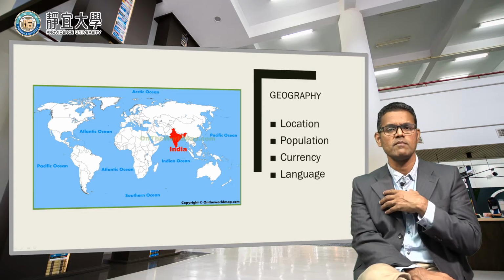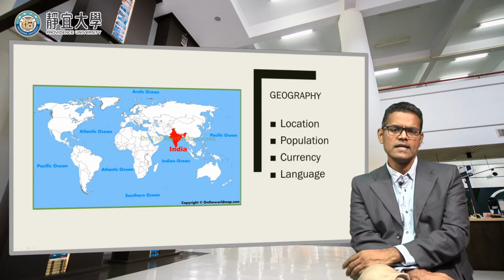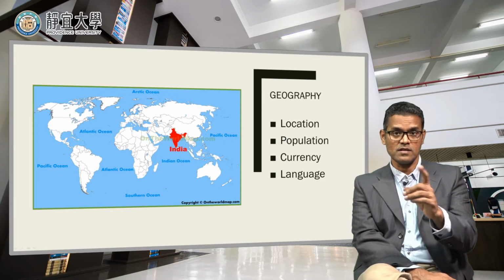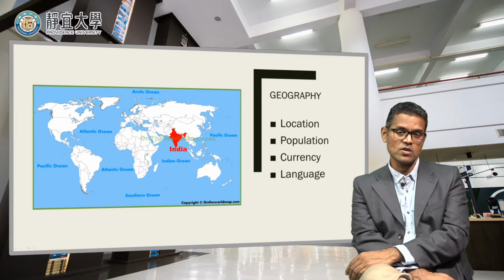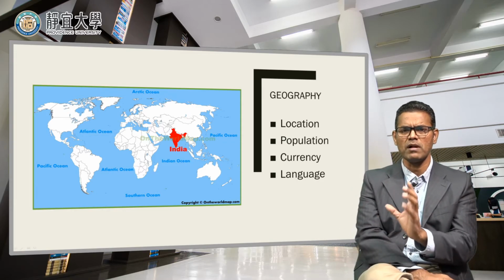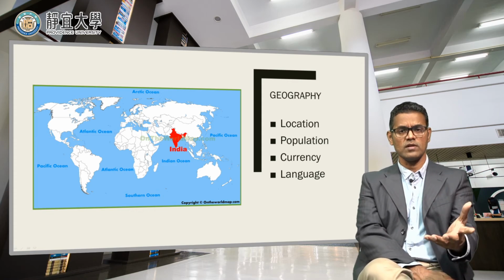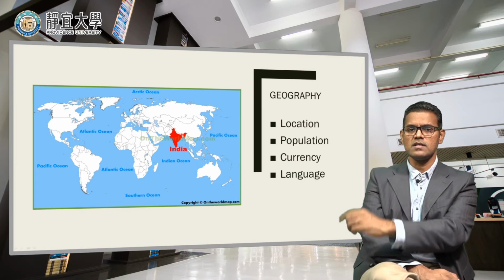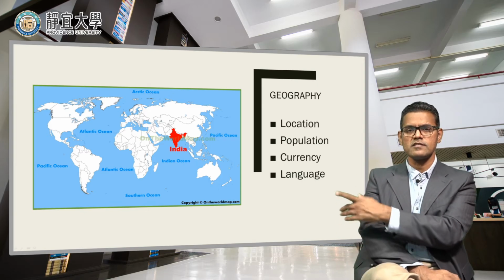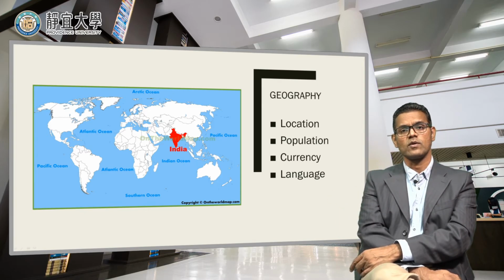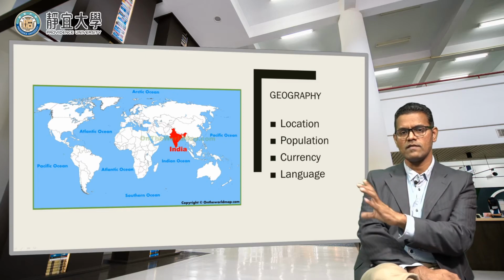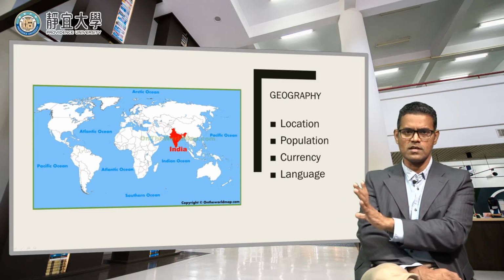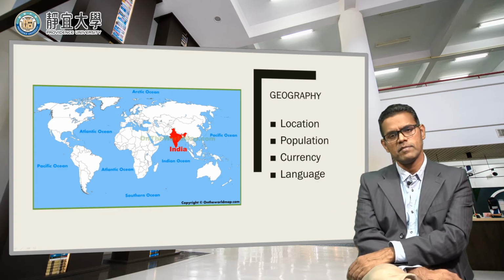By main language, I mean more than 10 million people speak that one language. So there are many languages. It's called a multilingual country. These are some information that I'm providing you based on the visual aid, that's a map, and the words. Do not have sentences, do not have too many words, just like this. This is a good example for a PPT slide.